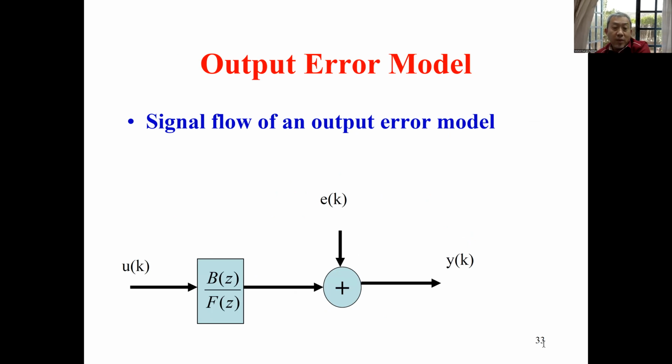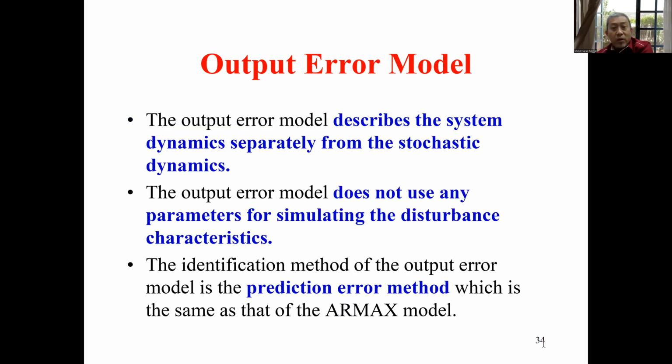Input path is the B over F polynomial. Stochastic path, no polynomials. Output path, no polynomials. The output error model describes the system dynamics separately from the stochastic dynamics. So the output error model does not use any parameters for modeling the disturbance characteristics. The identification method still uses the prediction error method, the same as the ARMAX model.